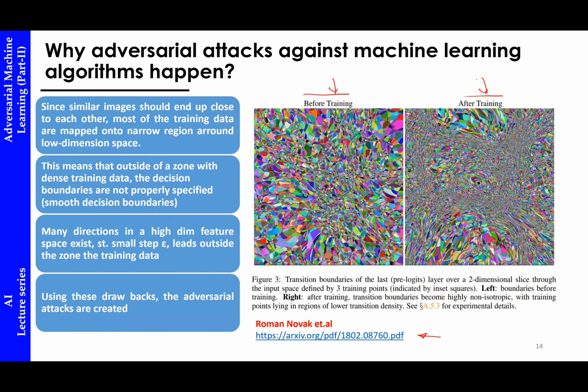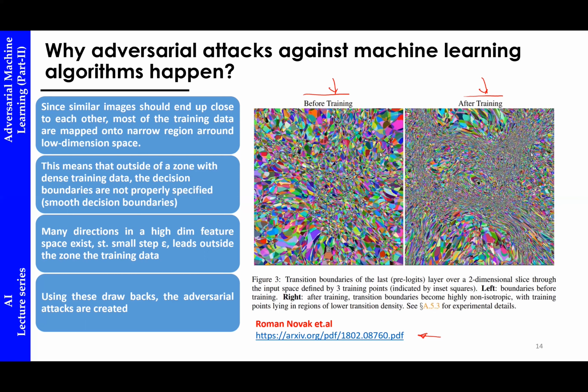I said that the neural network maps the input to high dimensional spaces. And since during this mapping, similar images should end up close to each other, most of the training data are mapped onto a narrow region around a low dimensional space. This means that outside of the zone with dense training data, the decision boundaries are not properly specified.